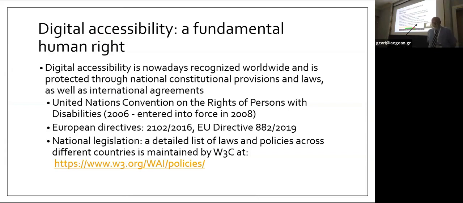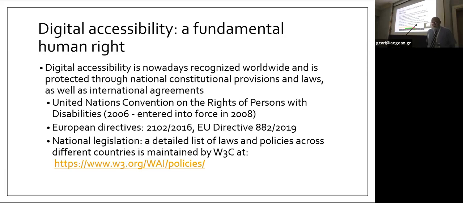Most notably, the United Nations Convention on the Rights of Persons with Disabilities, which was constituted in 2006 and entered into force in 2008, and two European directives in 2016 and 2019, which are now laws of all member states.